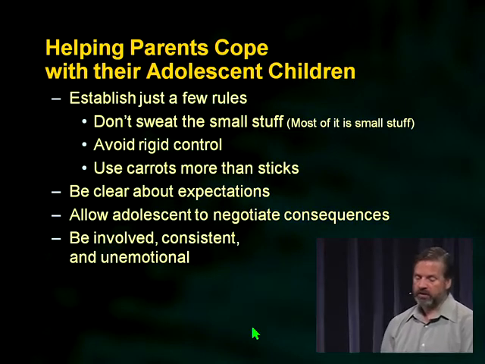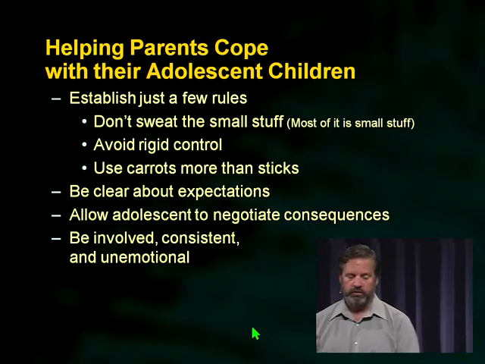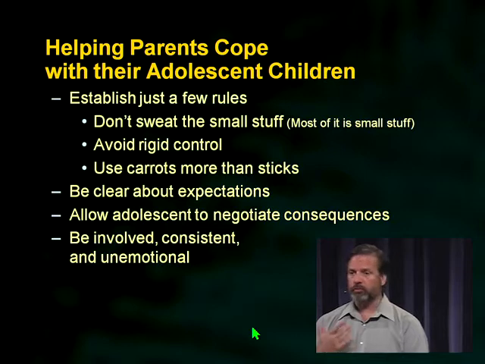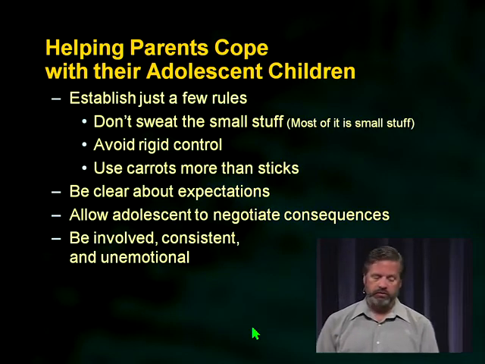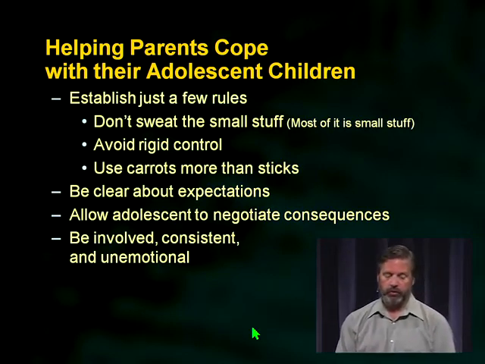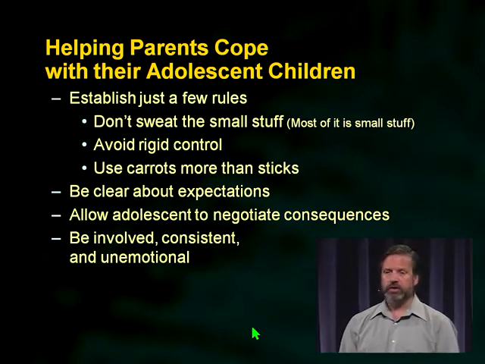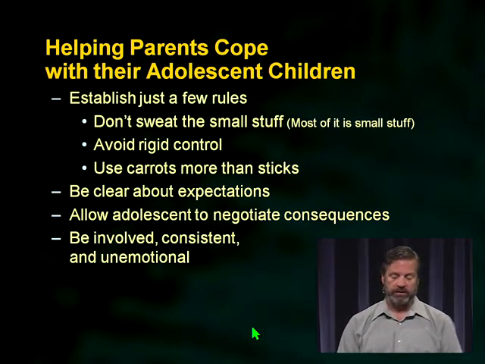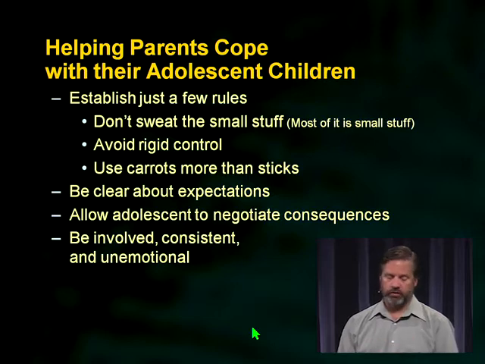So helping parents, again, tell them to establish just a few rules, just the important ones. So they shouldn't sweat the small stuff, and most of it is small stuff. So the more parents can get accustomed to not sweating the small stuff and just sticking to the big rules, they'll do much better. Avoid rigid control, use carrots more than sticks. Expectations are huge. Lots of communication between parent and adolescent around what the expectations are. And allowing the patient or the adolescent to participate in the discussions can't be overemphasized.